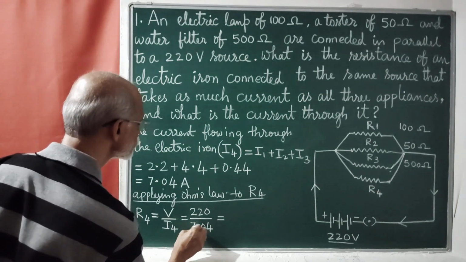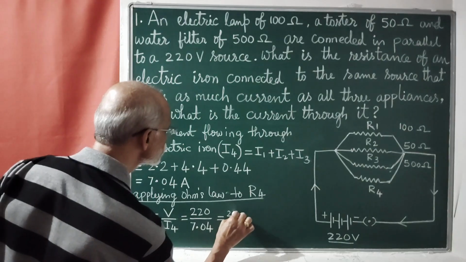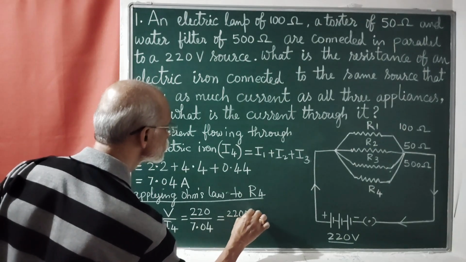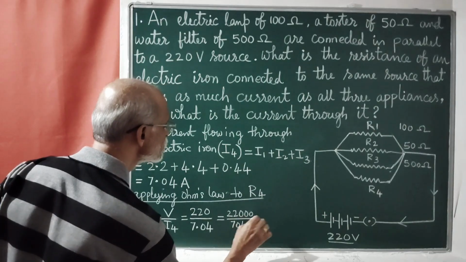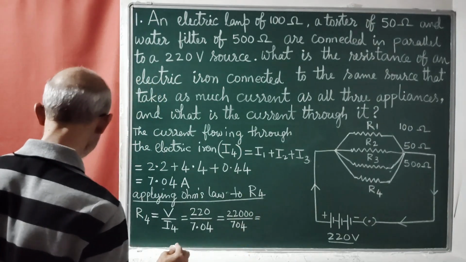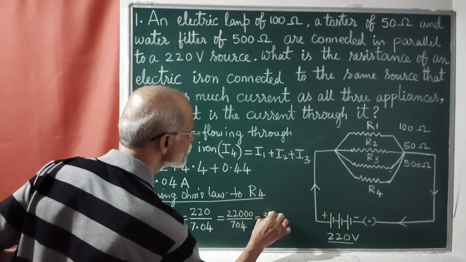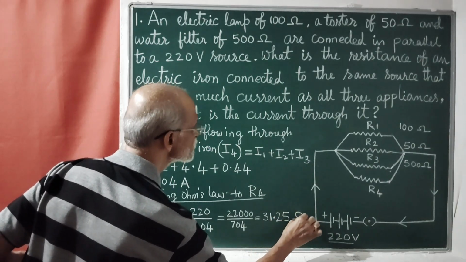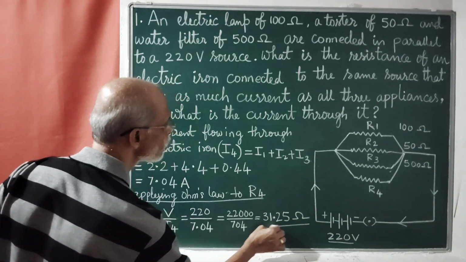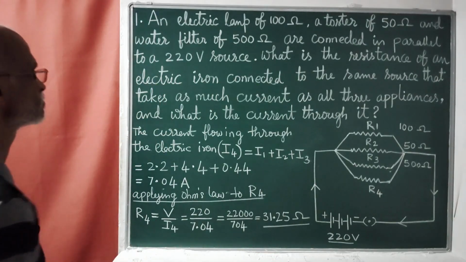If you remove the point, 22000 by 704, so you will get 31.25 ohms. This is the resistance of the electric iron.